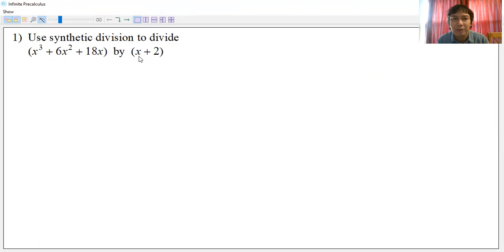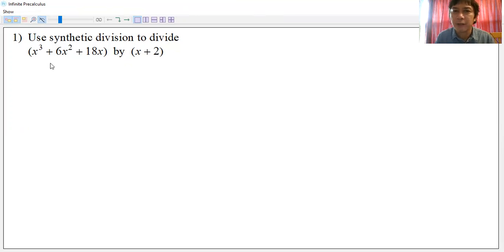The way to do the synthetic division is to list the numerical coefficients starting from the highest degree down to the lowest degree. So you can see the polynomial x cubed plus 6x squared plus 18x, and notice the coefficients of this.